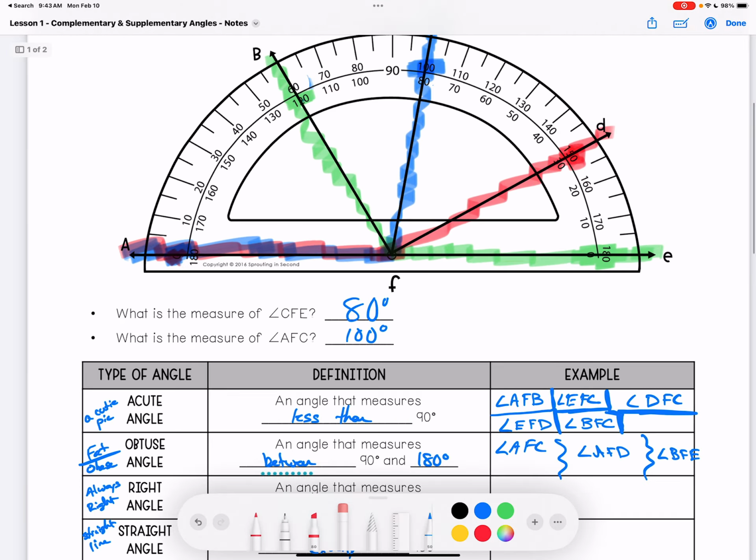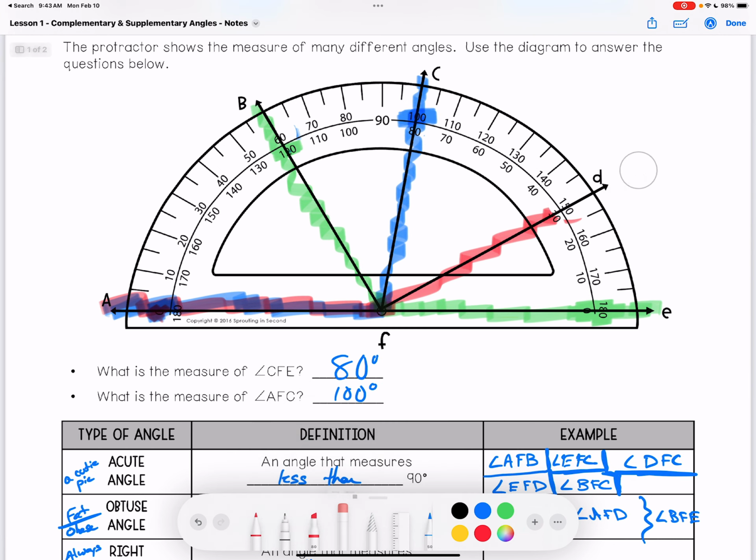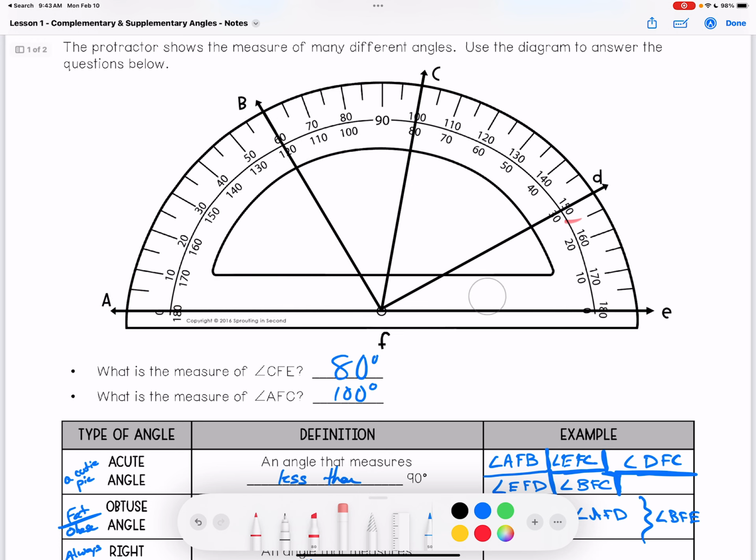All right, there's only one right angle up here. And that is going to be, what was it? BFD. How do I know?